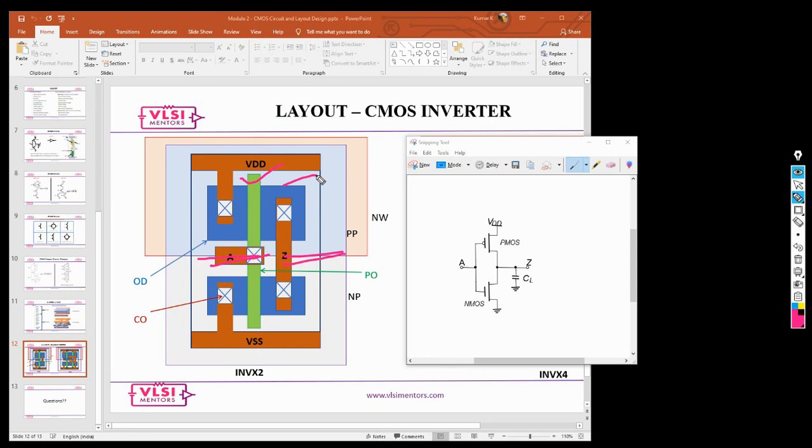Okay, so try to go through a little more on this. First, go and draw the schematic. Now I'll upload this video anyway on YouTube, so you guys can just go and refer to this and try to come up with your own layout, and this will actually help you to become a good PD engineer.